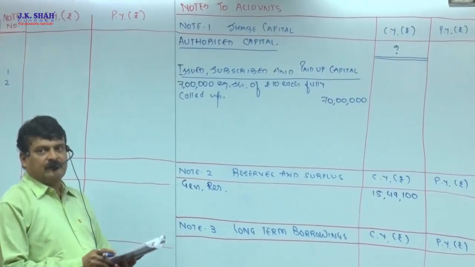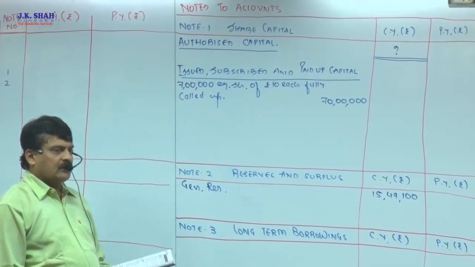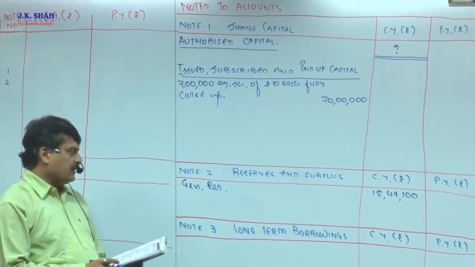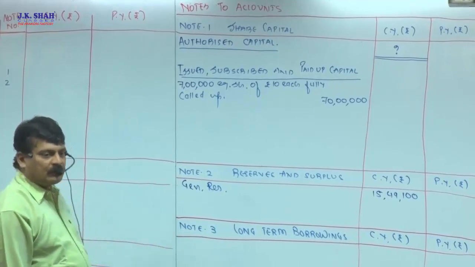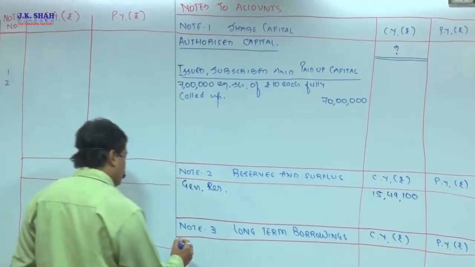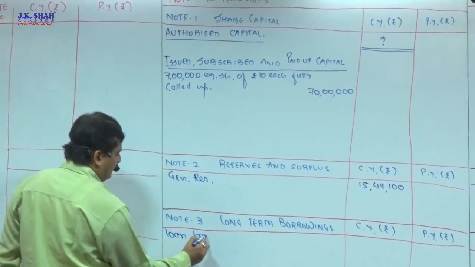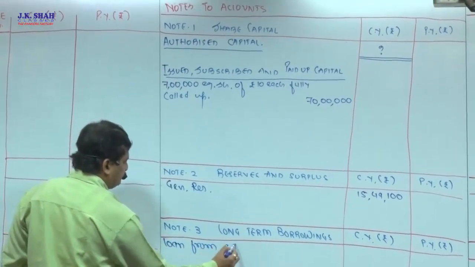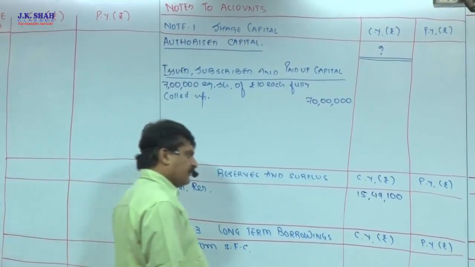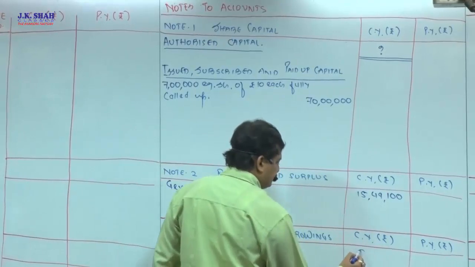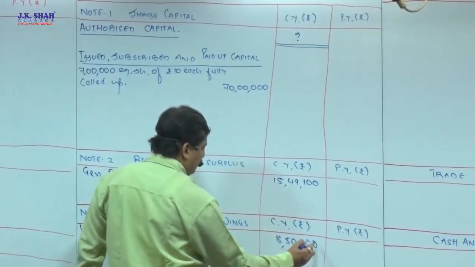Loan from State Finance Corporation. Out of 10 lakh 50,000, 8 lakh 50,000 will go to long-term borrowing. Head on, long-term borrowing. Loan from State Finance Corporation. Amount will be how much, friends? 8 lakh 50,000.